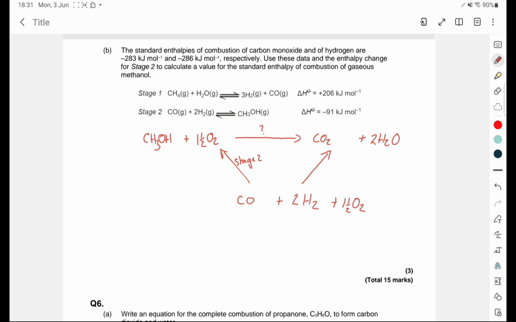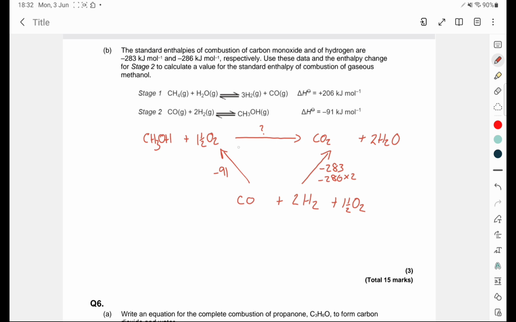Okay, let's put some numbers in and then we'll do our calculation. Starting with stage 2 on the left, and then on the right we have our enthalpy change of combustion of carbon monoxide and the enthalpy change of combustion of hydrogen, of which of course there are 2. The next step then is to add our big curly arrow into it.